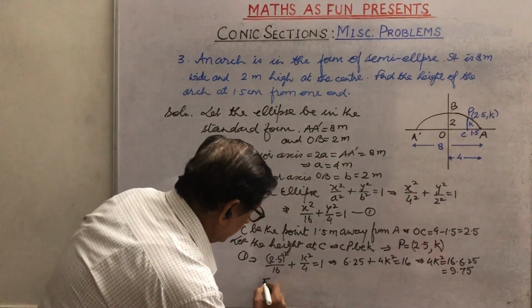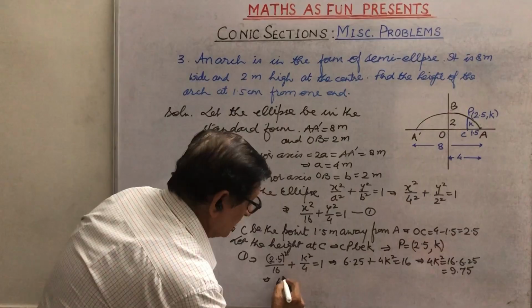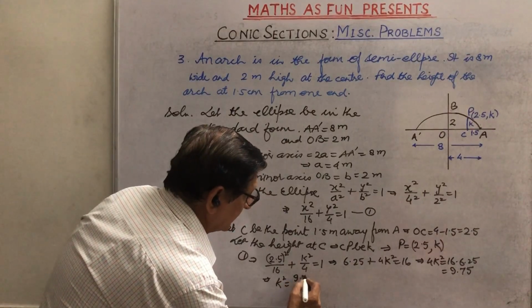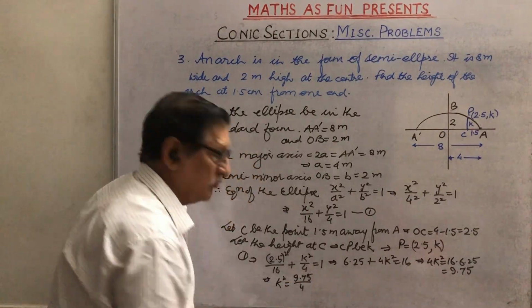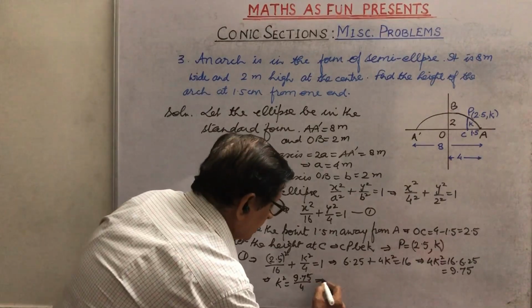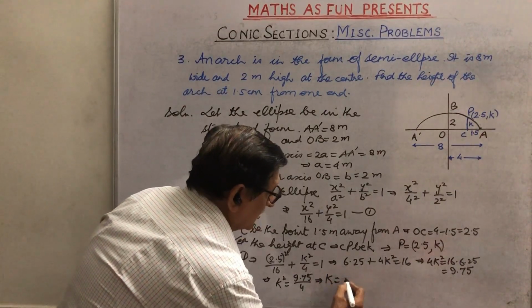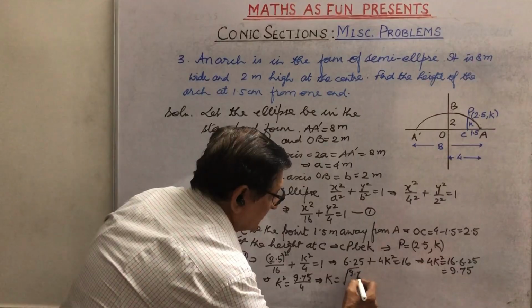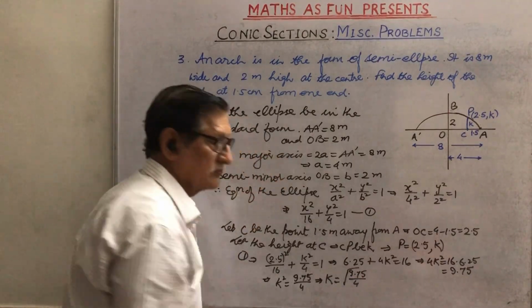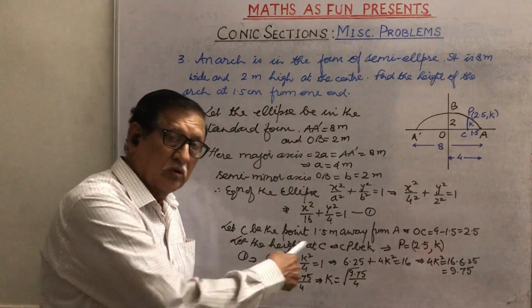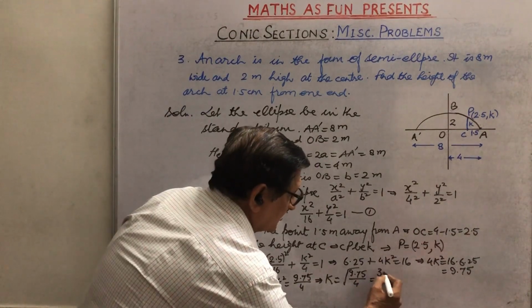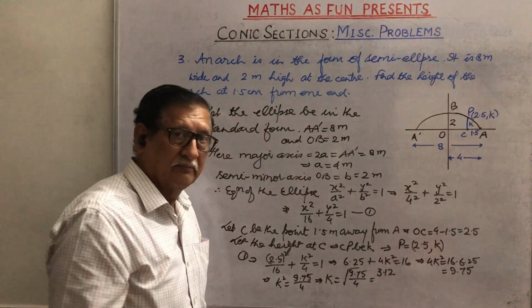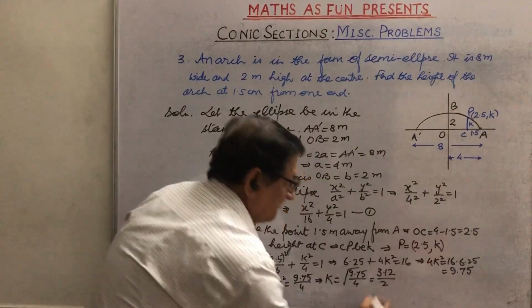So we get here k square is equal to 9.75 divided by 4. It means k will be equal to root of 9.75 upon 4. Root of 9.75 is approximately 3.12, and the root of 4 is 2.